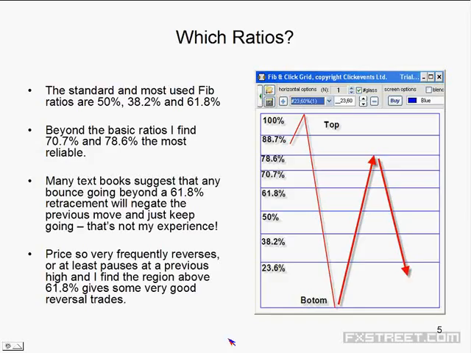Anyway, let's just consider some of these other fibs. I've mentioned 78.6 and 88.7. So here we are. We've got a down move, a sharp downtrend, and then a rally back up.